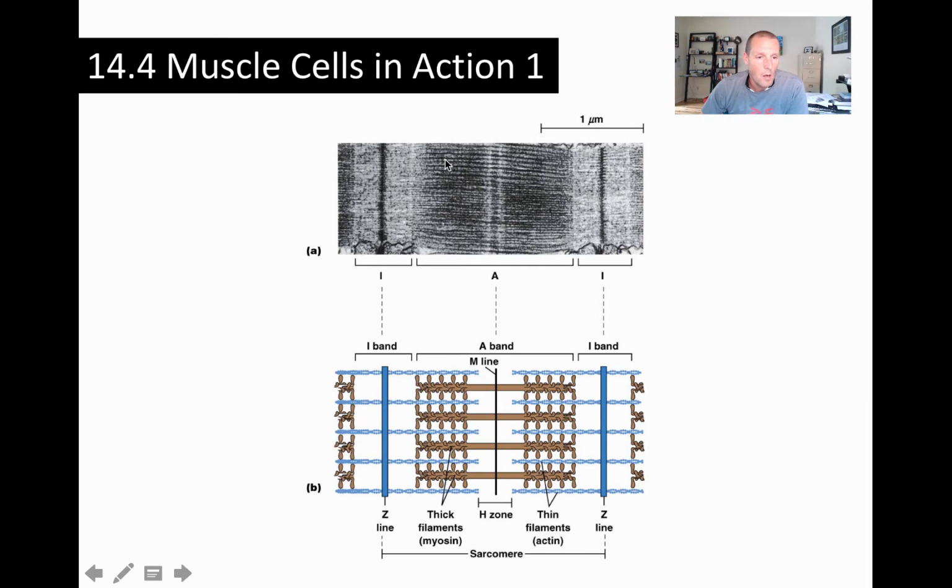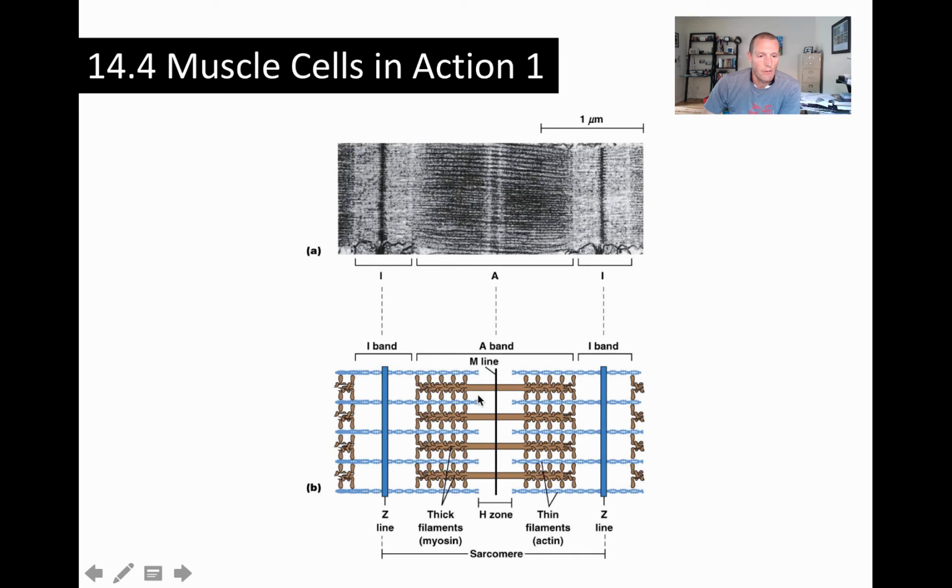So here's our dark band, that's the A band, and then there are these lighter regions flanking the A band called the I bands, those are the light bands. The lighter region down the middle of each A band is called the H zone. So this region of light here in the dark is called the H zone.